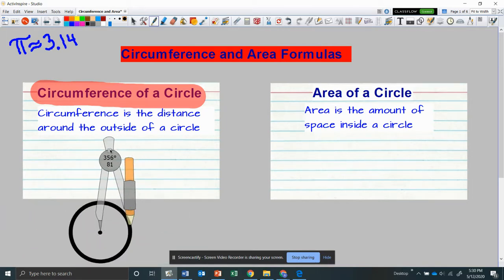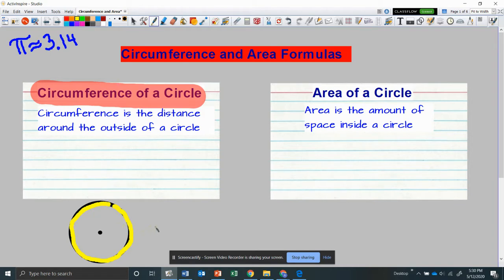Okay. If I look at this, the circumference of the circle is the distance around the outside of a circle. So think if I had maybe a piece of yellow string or yarn and I wanted to wrap it around the outside of the circle, the question then would be, how long is that piece of yarn?